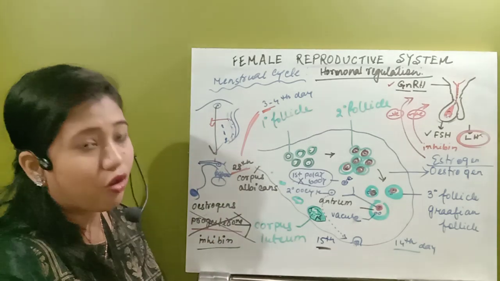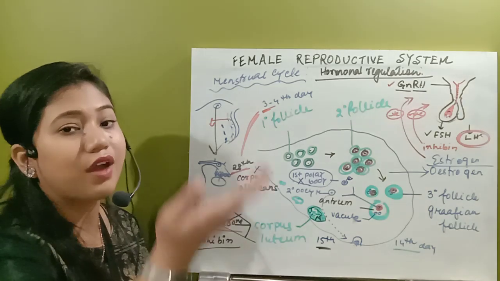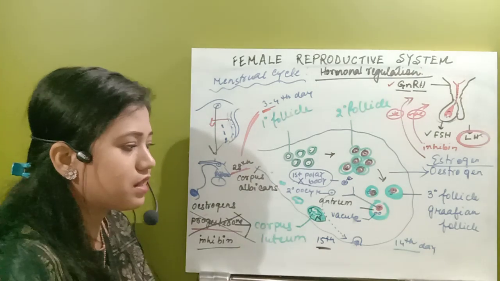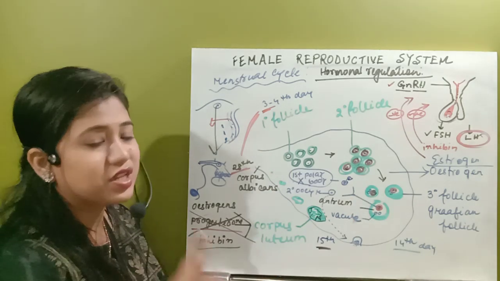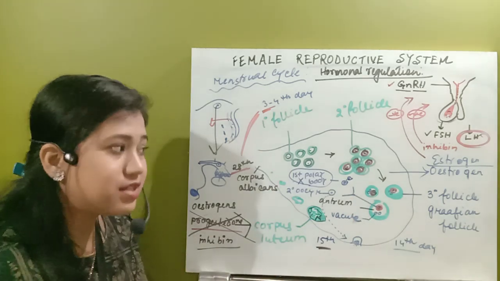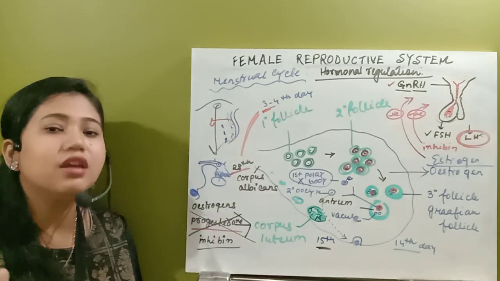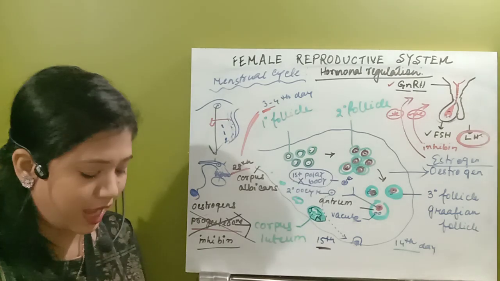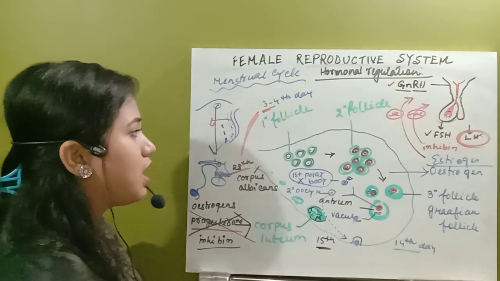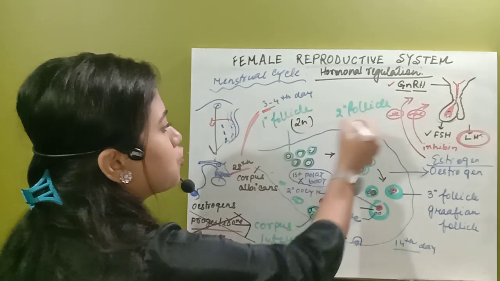After that, on the 14th day, gradually we'll have an LH surge, and because of this LH surge, this Graafian follicle completes its first meiosis and produces two cells. One thing you have to remember, as I already told, is that the primary, secondary as well as tertiary follicle had 2n chromosomes. That means it has 46 chromosomes.